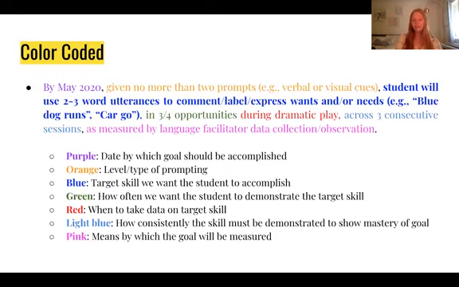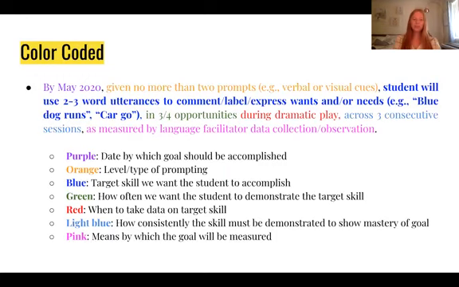I've seen a lot of times where clients will meet a goal and then the next week they'll drop back down a little bit, and then they'll meet the goal again and then they'll drop back down a little bit. And so by making them have to meet the goal 2 or 3 sessions in a row, it's basically them proving that they have mastered the skill, that they're not going to regress at all. They're going to continue growing on their own after you dismiss them from therapy.